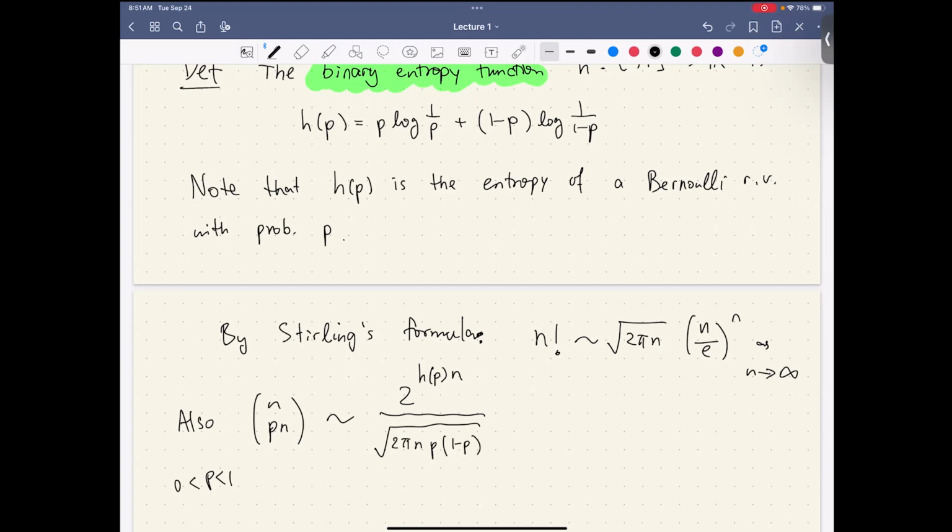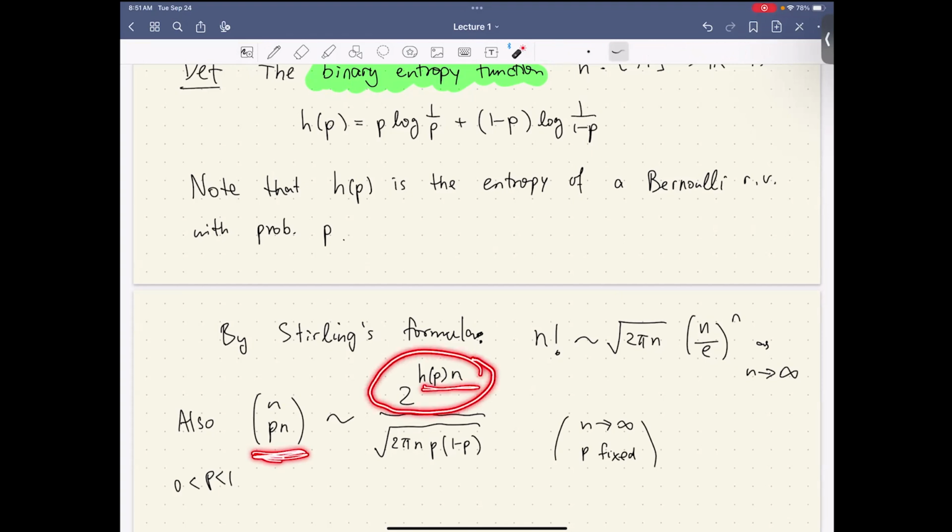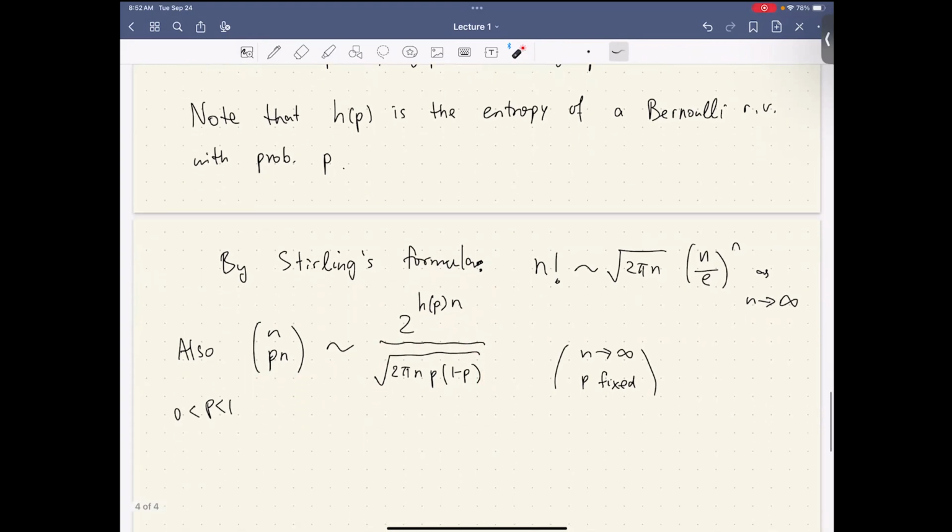Now, we should think of n as large, tending to infinity, and p fixed. In this case, this binomial coefficient is roughly 2 to the h(p)n. This is a way of estimating it because this is exponential in n, whereas the denominator is just a polynomial in n, a lower order term. We should think of it as roughly this, all right?